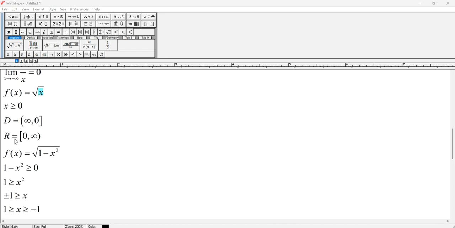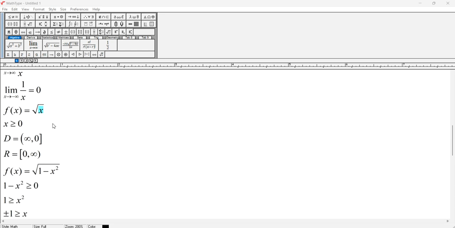What about the range? The range for this function is 0 to infinity. I'm sorry, there is an error here, 0 should be here.